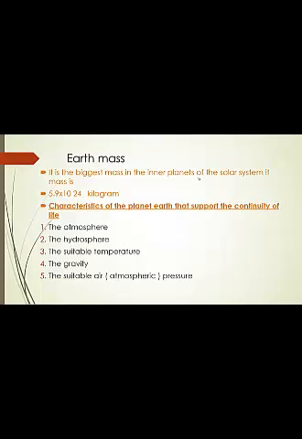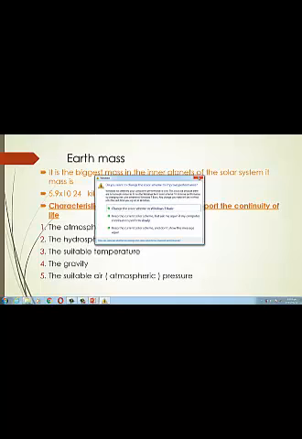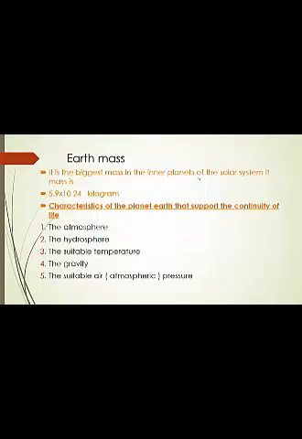So, the characteristics that give planet Earth support for the continuity of life are the atmosphere, hydrosphere, suitable temperature, gravity, and suitable atmospheric pressure.